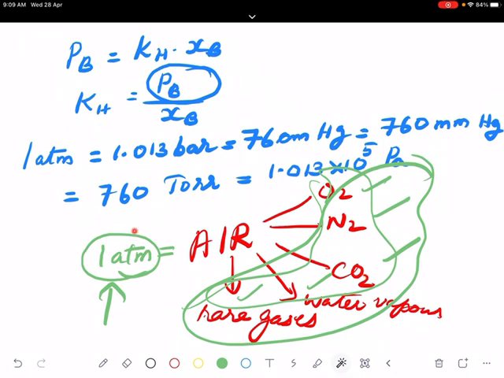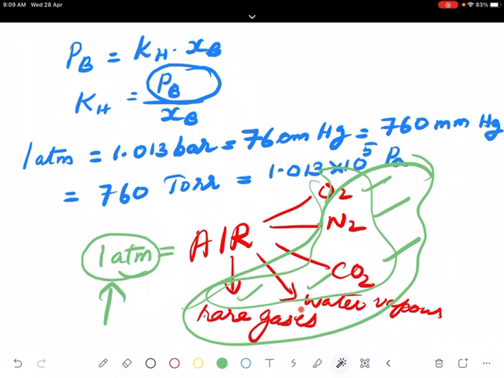Total pressure, this 1 atm at sea level I am talking about, is equal to the sum of the partial pressures. You can find out the mole fraction also.